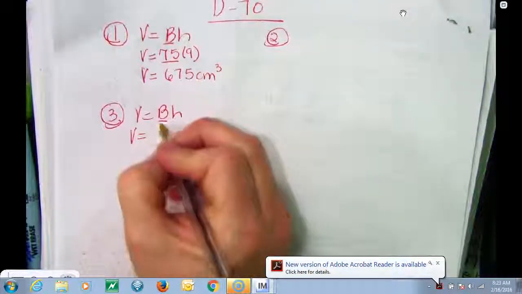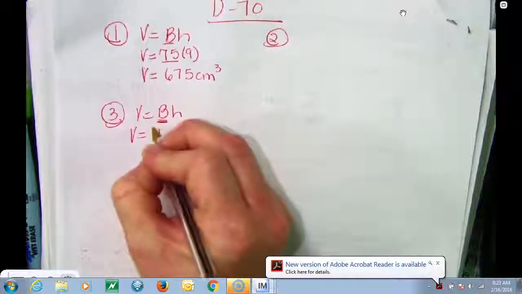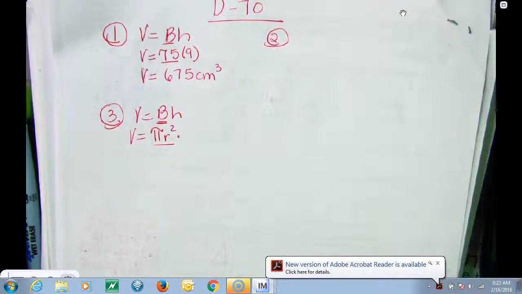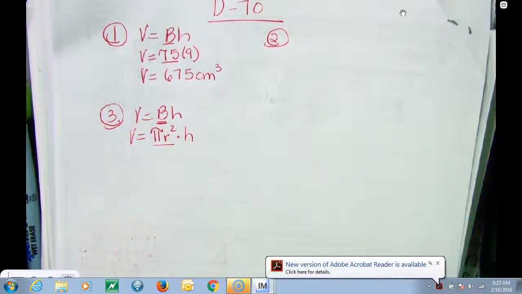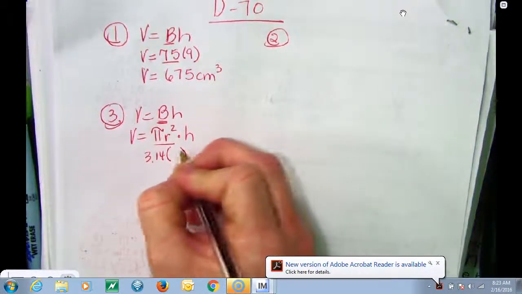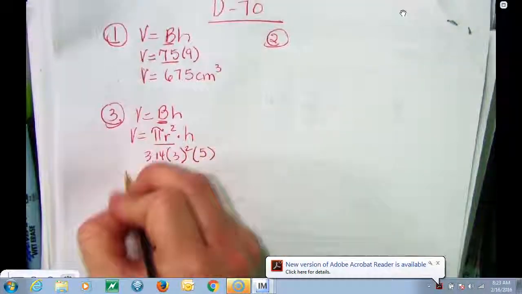So we need to put under the area of the base, what are we going to put? Pi r squared, because that's how you get area of a circle. And the base is a circle. And we're just going to follow the formula. 3.14, 3 squared times 5.